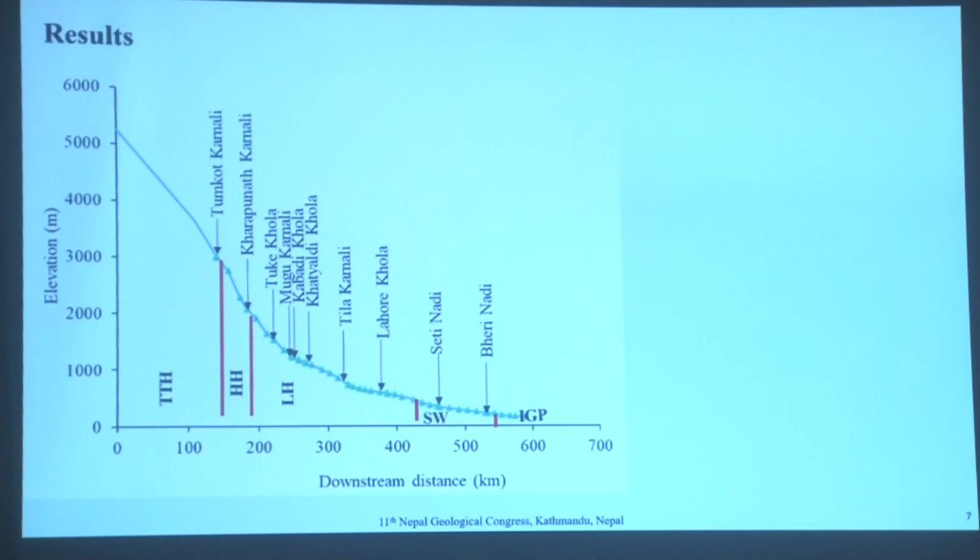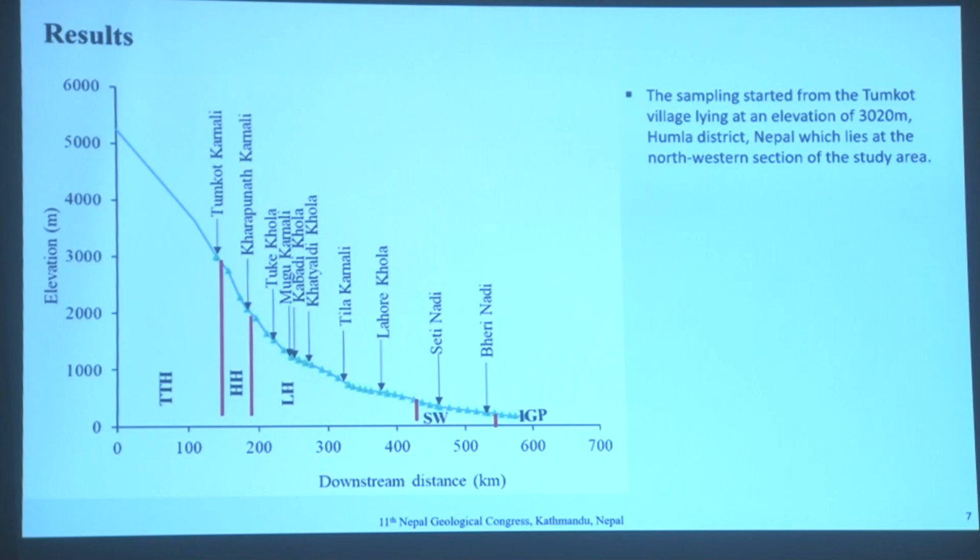This is the longitudinal profile showing different sampling locations and tributary locations. The sampling started from a place called Tumkot village, lying at an elevation of 3020 meters, which is in Humla district. It lies in the northwestern section of the study area.